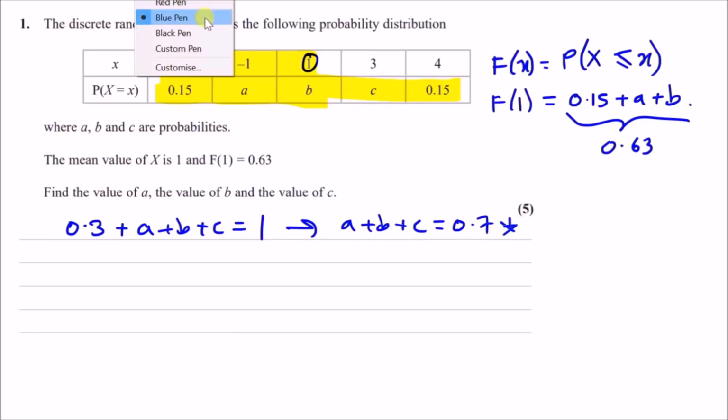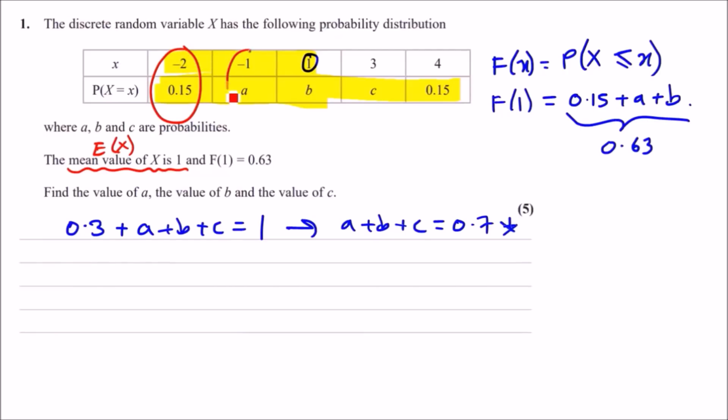The second point is that we know the mean value of x is 1. In other words, the expected value of x. Mean is the expected value. To work out the expected value, you multiply the x value by the probability and sum all of these up. For the first case, it's minus 2 times 0.15, which is minus 0.3, plus minus 1 times a, which is minus a.